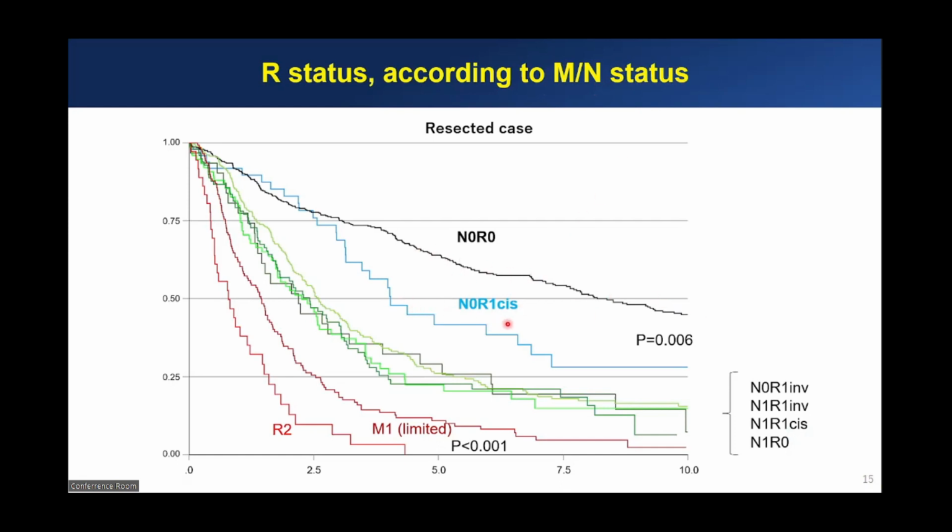N0R0, N0R1 series here, and this is a complex figure with 4 figures. And this is N1, but also the limit in the R2 resection. Thus, R2 is the worst survival group in the resected patients.